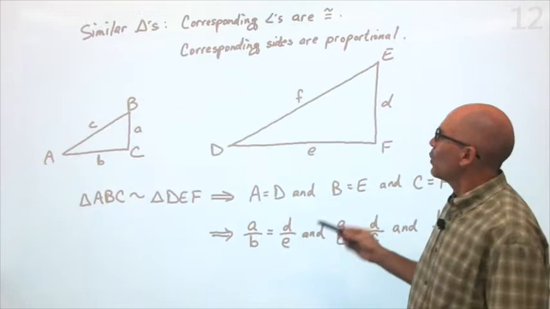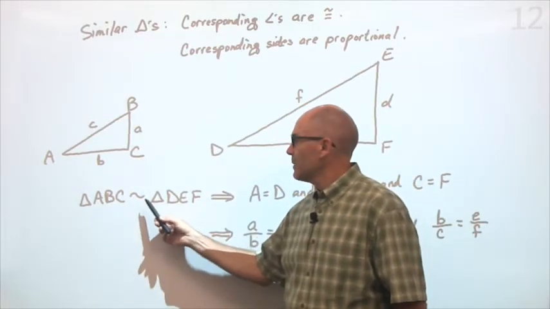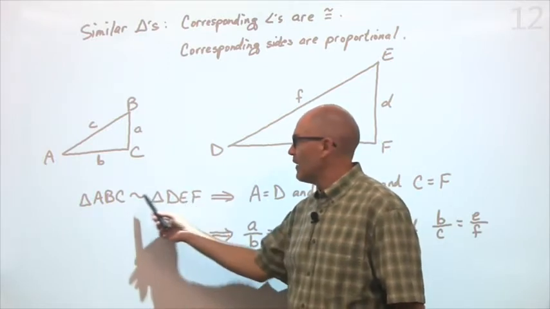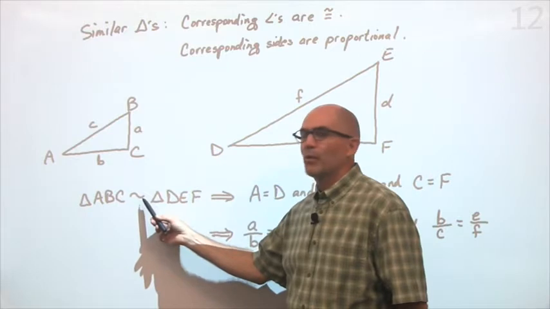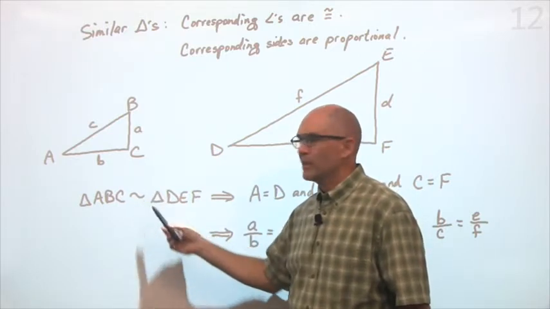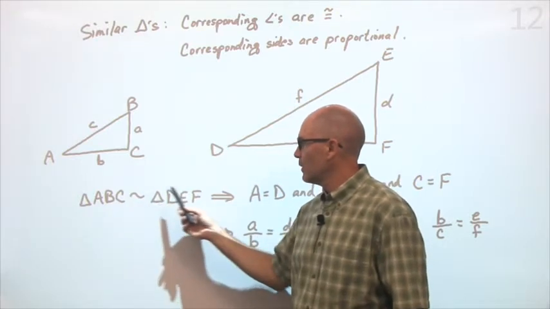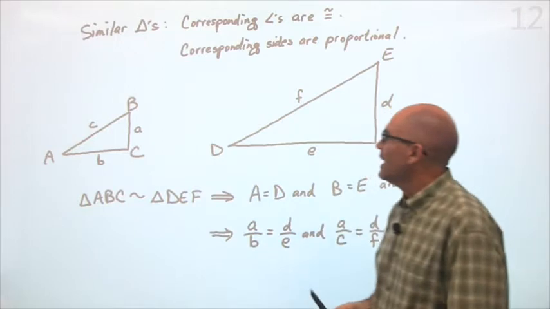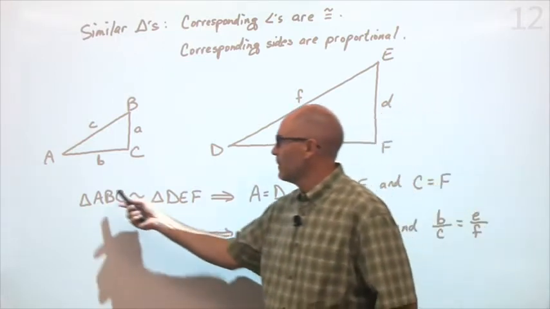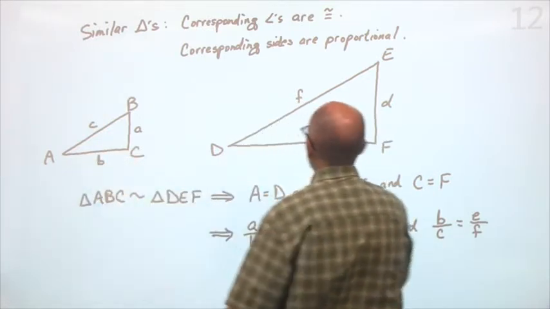All right, now, we're given that triangle ABC is similar to triangle DEF. Now, this is the symbol that means similar to. It's like the squiggle without the equal sign under it. Notice the way we list the triangle, A and D are corresponding angles.